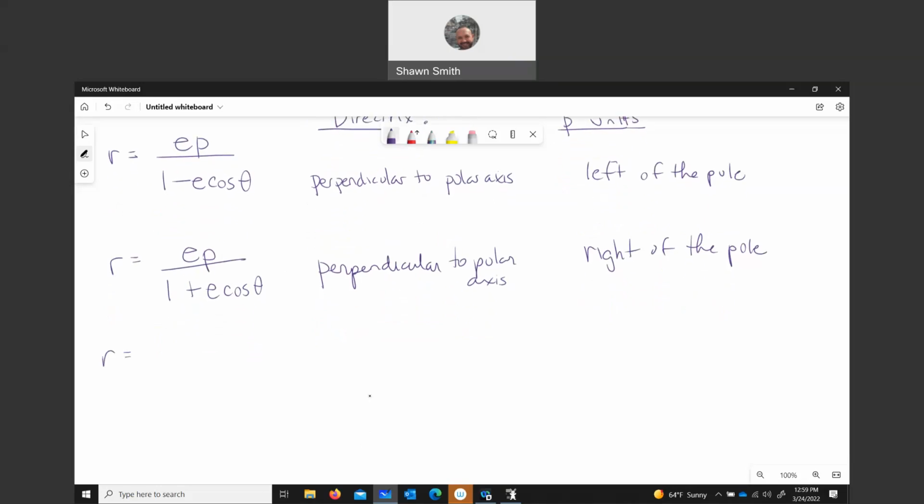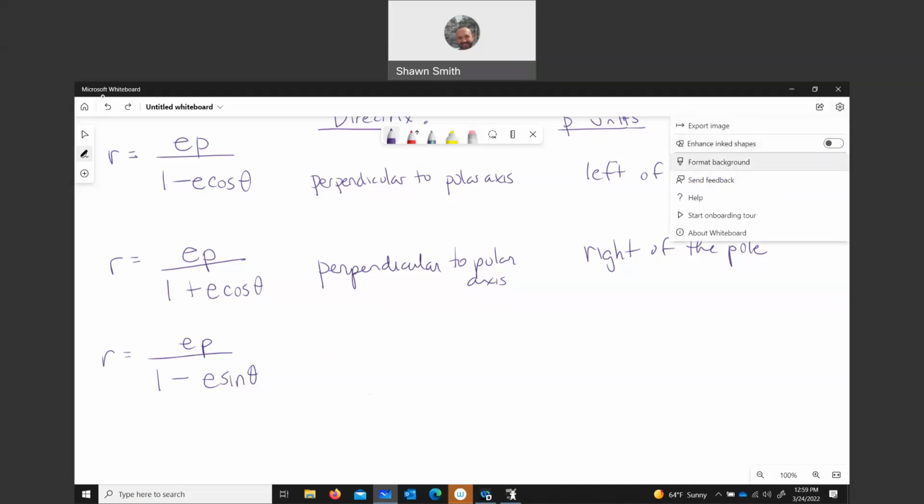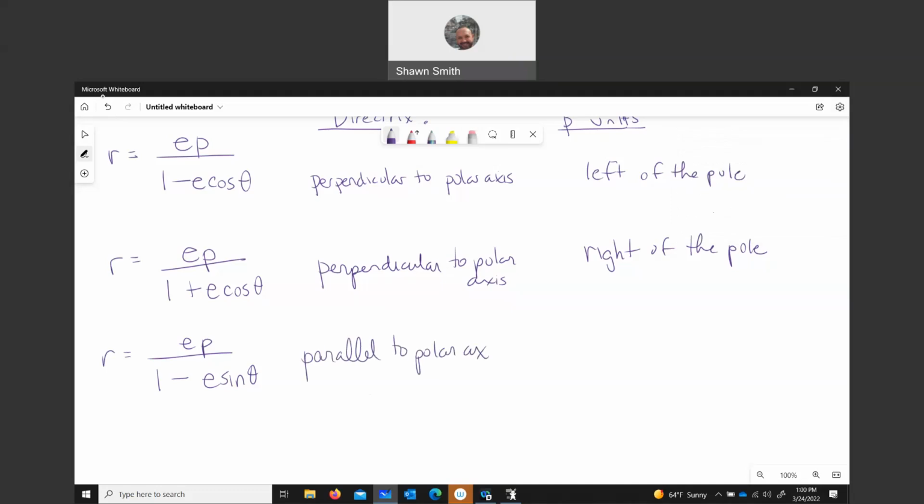And if I change it up with the sine, 1 minus E sine of theta, this is no longer perpendicular to the polar axis. The directrix is going to be parallel to the polar axis. And if I have minus, what do you think?